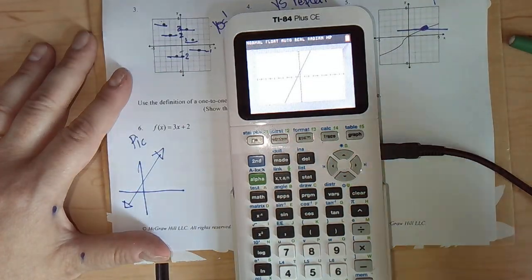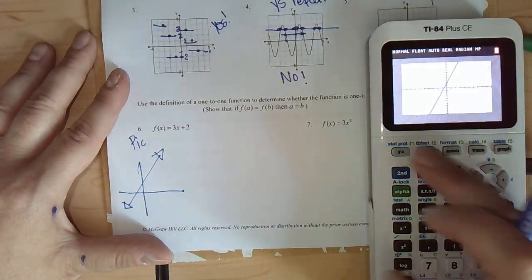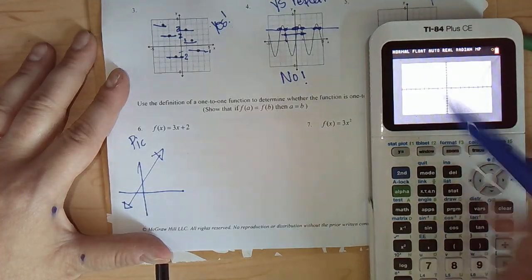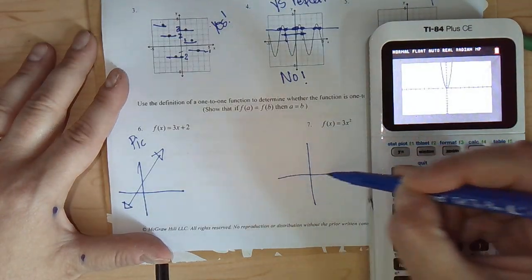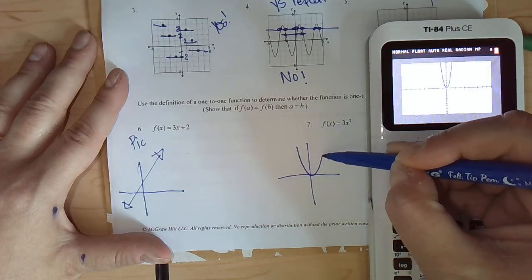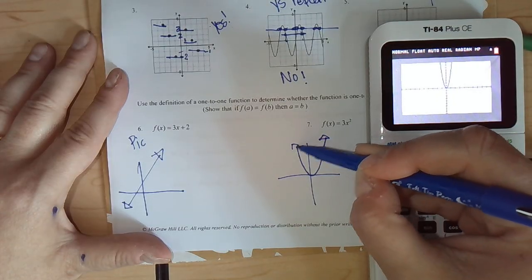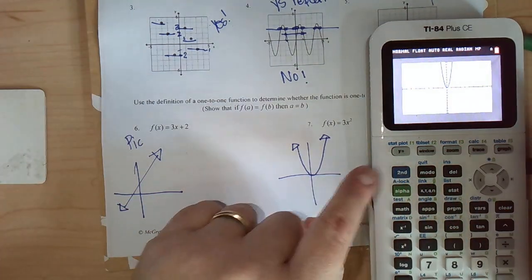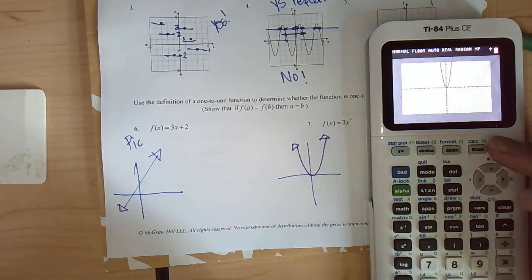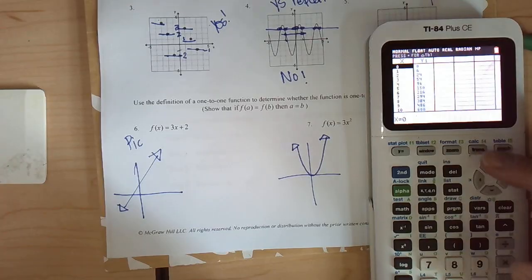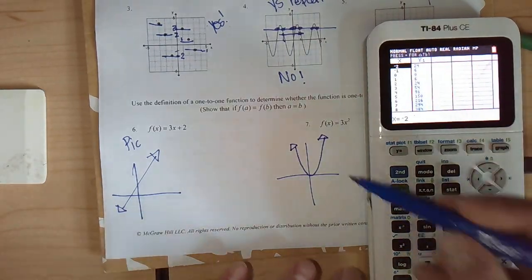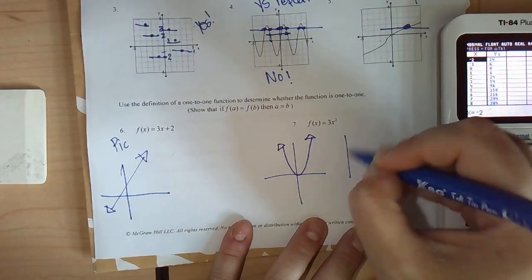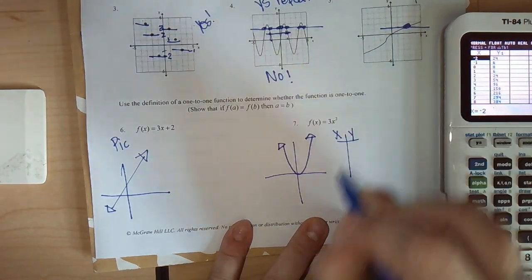Okay, this 3x squared, if I were to graph that in my calculator, it looks like that. If I were to come up with a t-chart, for this number 7 that I was just on, the t-chart is a little repetitive.